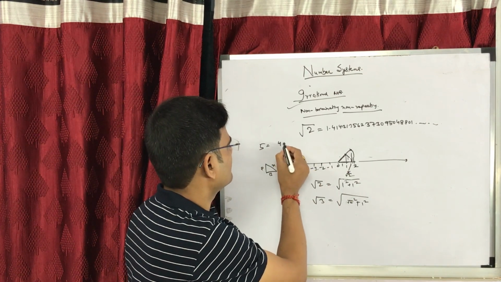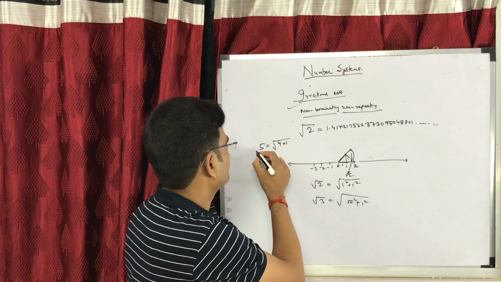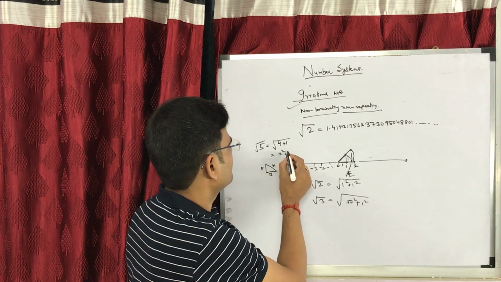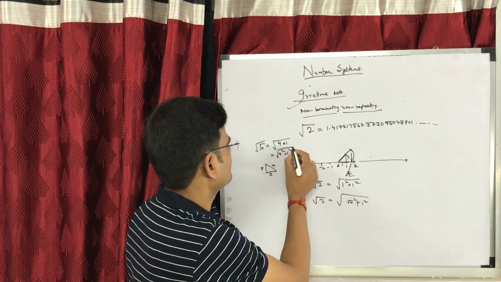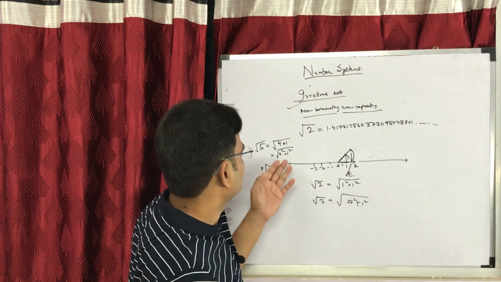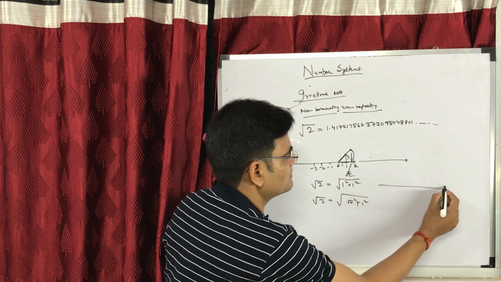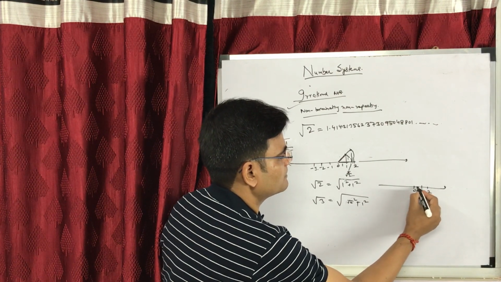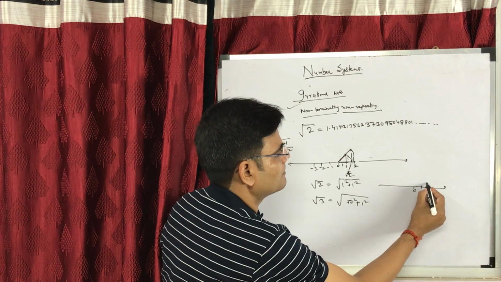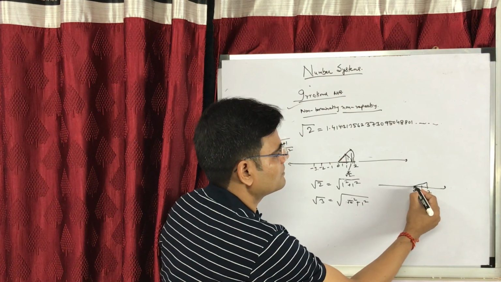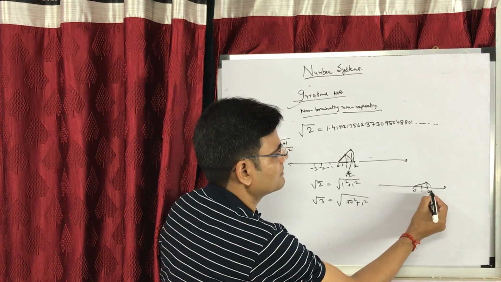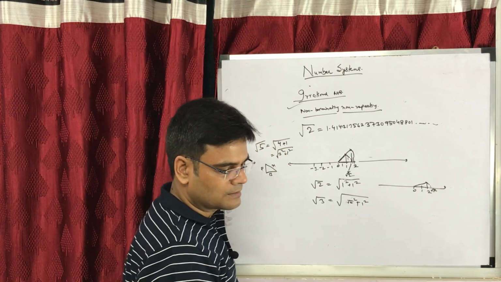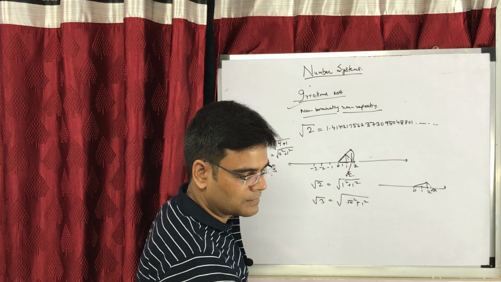This is 4 plus 1, so this is 2 square plus 1 square. So this is very easy. On the number line 0, 1, 2, you take this 2, you go above 1, measure the hypotenuse, and this is root 5. So this is how you represent it on the number line.